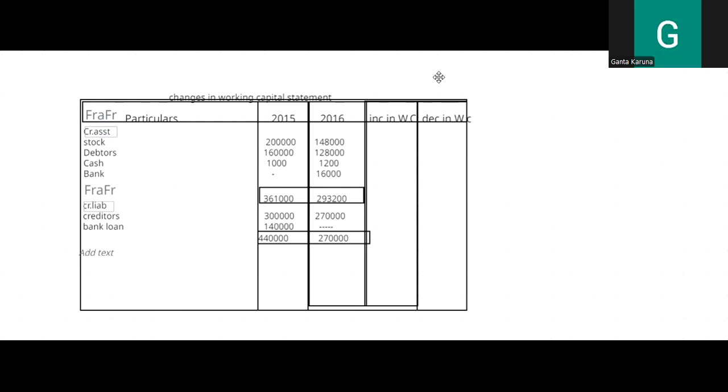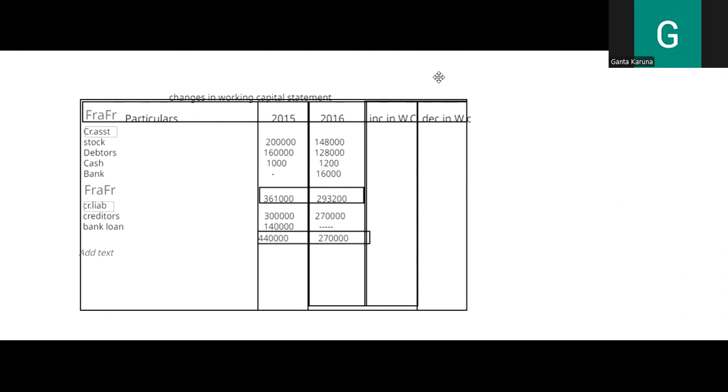So I will get the figure in minus. How much am I getting? I'm getting minus 79. Usually whenever it is a minus figure, I have a habit of putting it in brackets. So that is what I'm doing now. This is the minus figure I want.